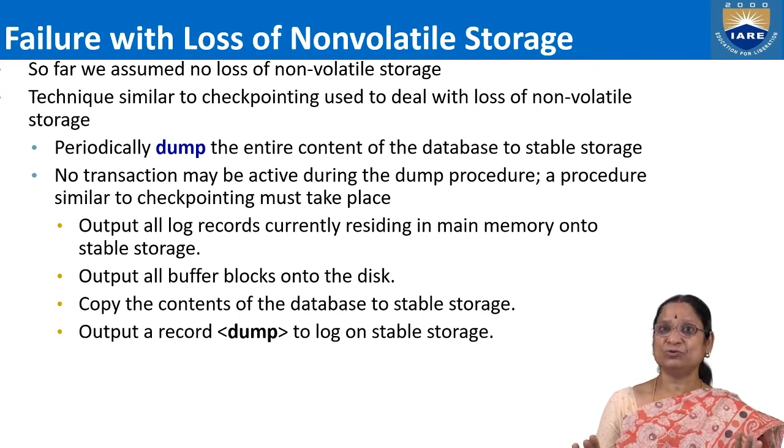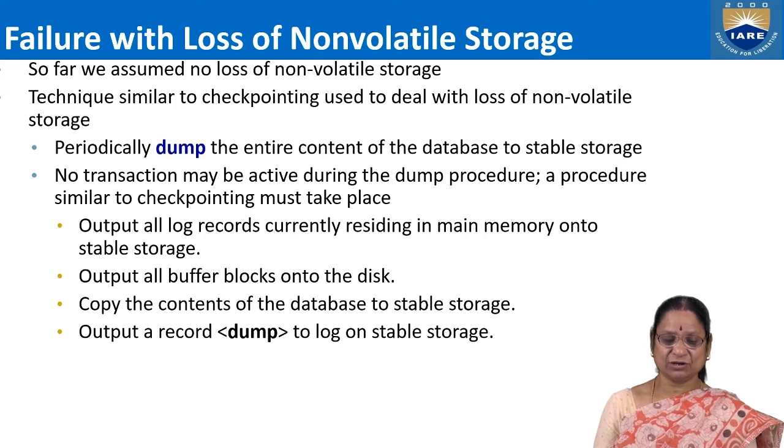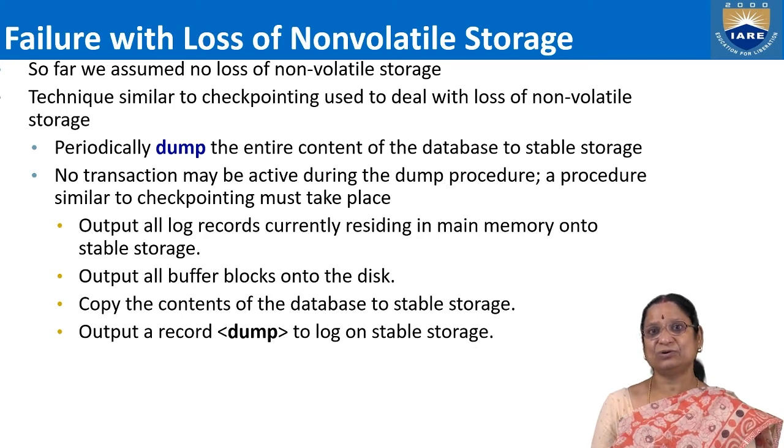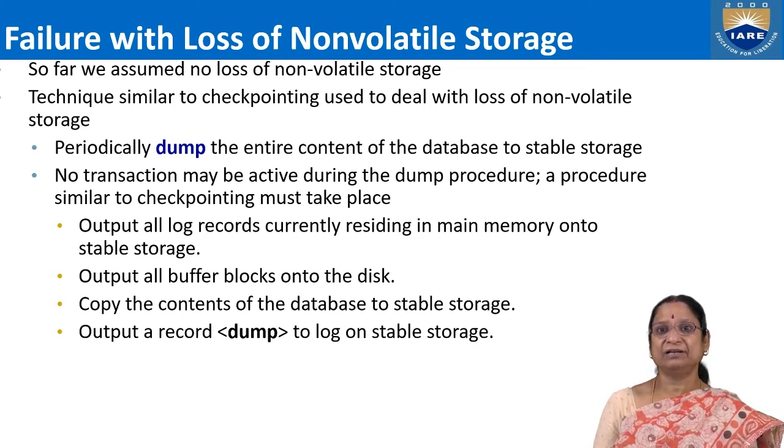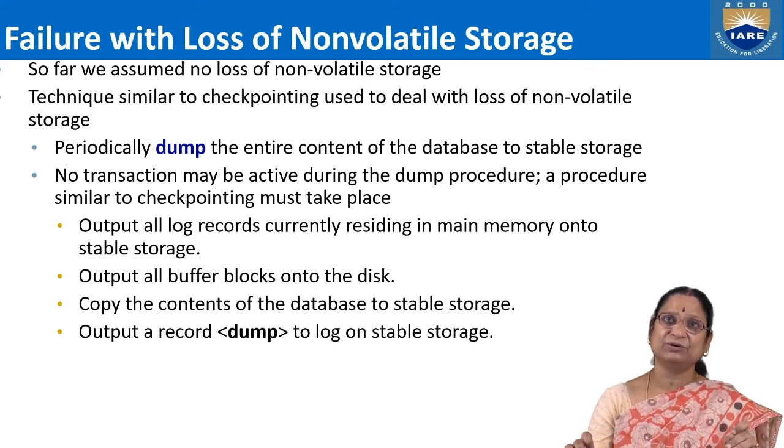During these backups, no transactions are allowed, and all log records currently residing in main memory are output onto the stable storage, all buffer blocks are output to the disk, the content of the database is copied to the stable storage, and a dump record is output to the log. This is similar to the fuzzy checkpoint we discussed.